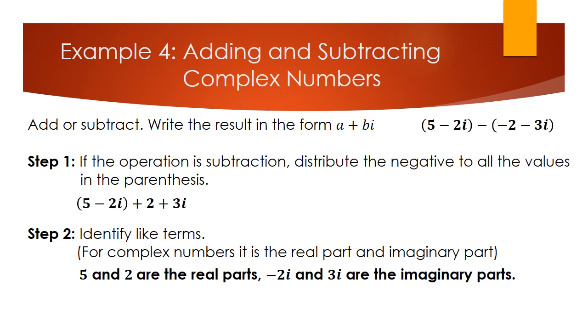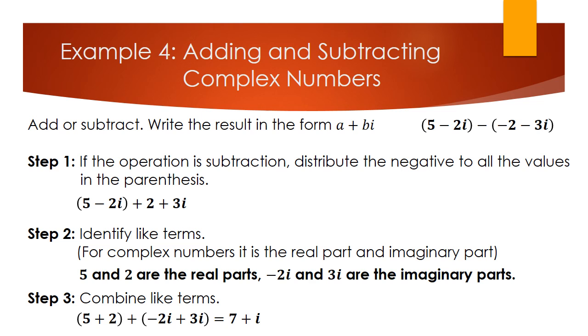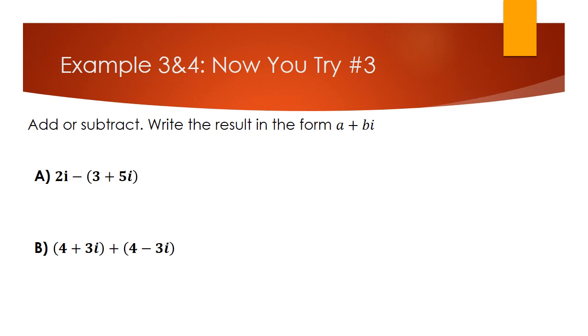The negative 2i and the 3i are the imaginary part. Combine your like terms. 5 plus 2 plus negative 2i plus 3i gives us 7 plus i. It's already in the form of a plus bi. Now your turn. Take notice the first one's subtraction. Make sure you're doing the right steps.